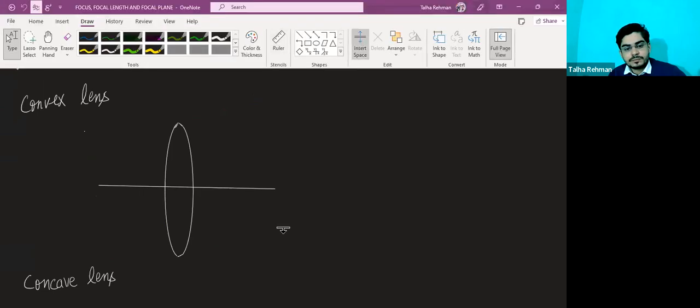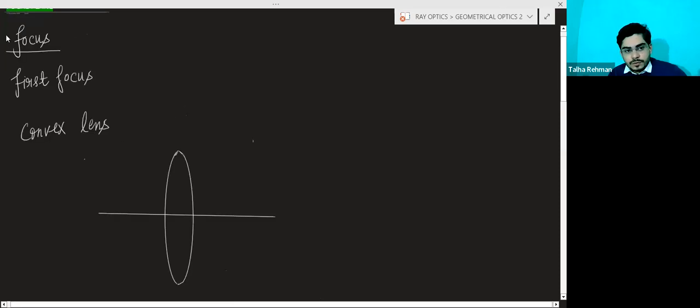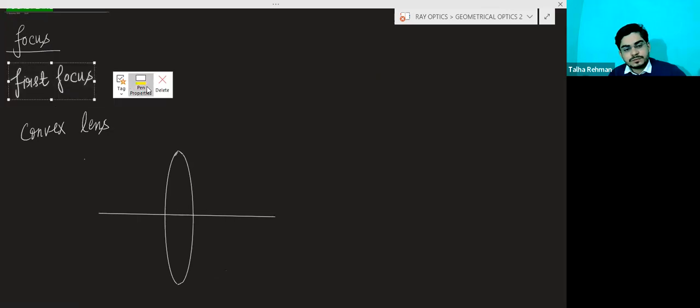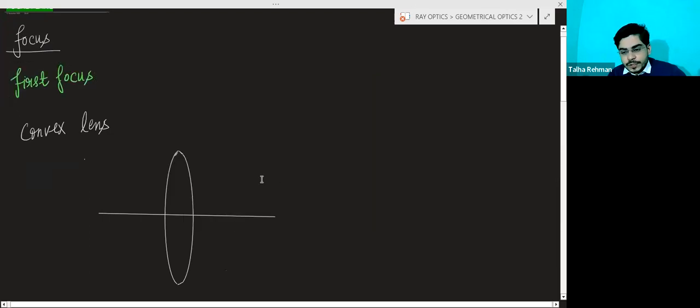And we want to define the focus. First we will define the first focus. For the convex lens, first we will see what the first focus is.